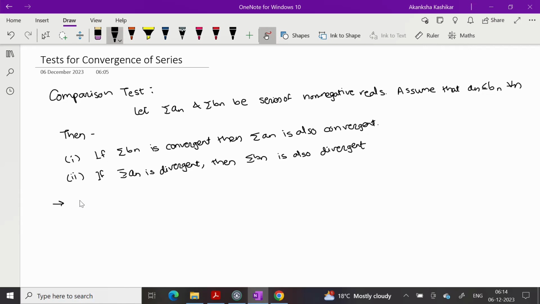Of course, we will again use the definition of convergence of series via convergence of partial sums. So let Sn and Tn be the sequences of partial sums corresponding to series an and bn respectively.